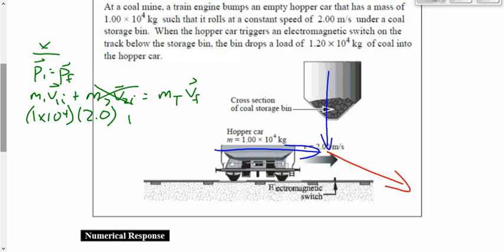So we're going to say plus 0 equals the total mass, 2.2 times 10 to the 4, times v_f. We solve for v_f here, and when we do, we get 0.909 meters per second. That's the velocity in the x direction. Now, realistically, we know that it moves only in the x direction, right? So that's my answer.